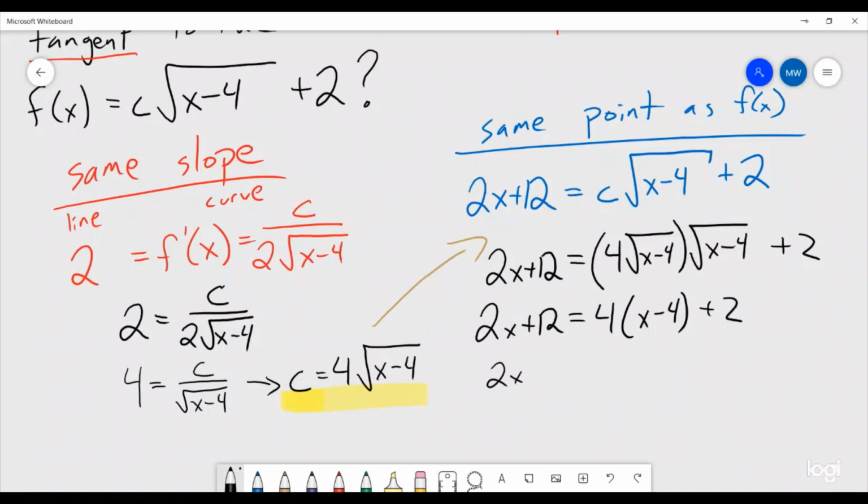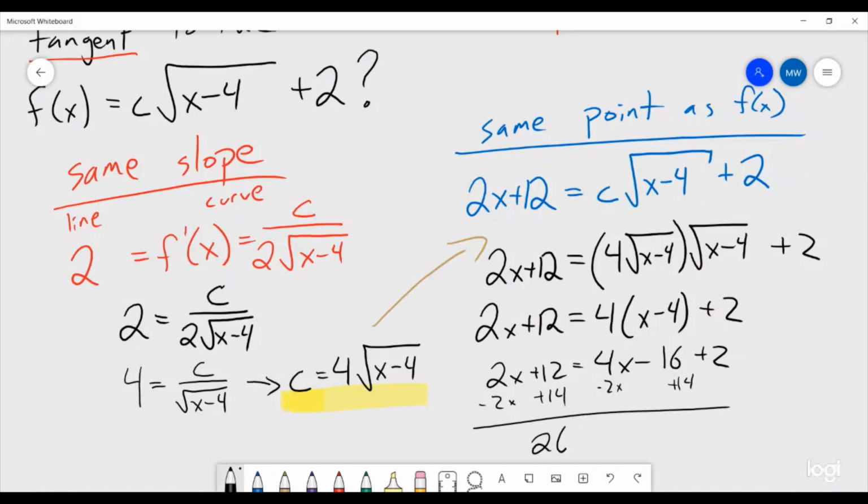So we got 2x plus 12 equals 4x minus 16 plus 2. So subtract the 2x from both sides. And then this is a minus 14, so add 14 to both sides. And we get 26 equals 2x. So we found that our x coordinate is 13.